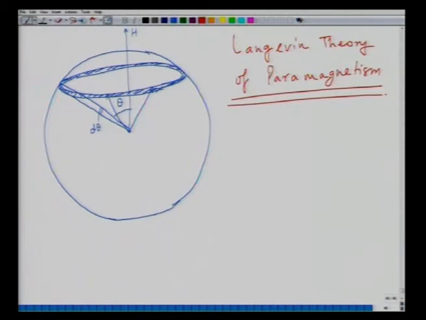So what essentially you have is a whole array of these magnetic moments aligned at various angles with respect to H, and these magnetic moments, as I said, make a conical structure around this magnetic field. So what we will do is use classical mechanics to derive an expression for the susceptibility of these materials.